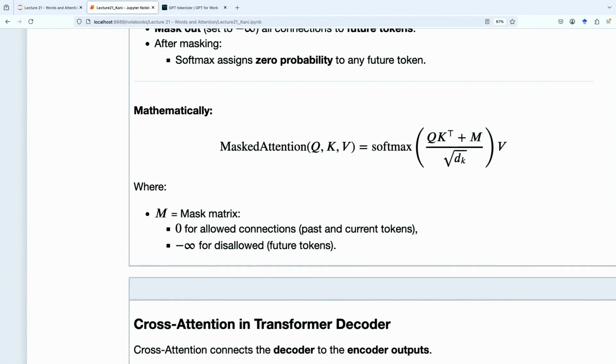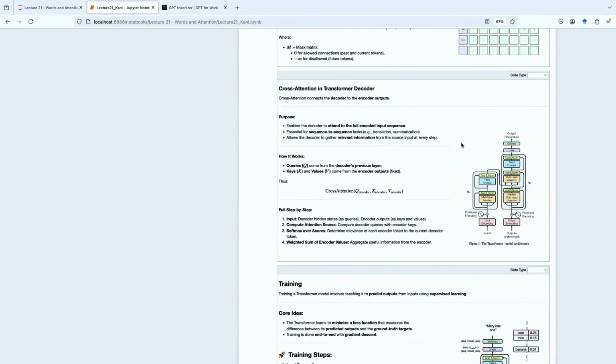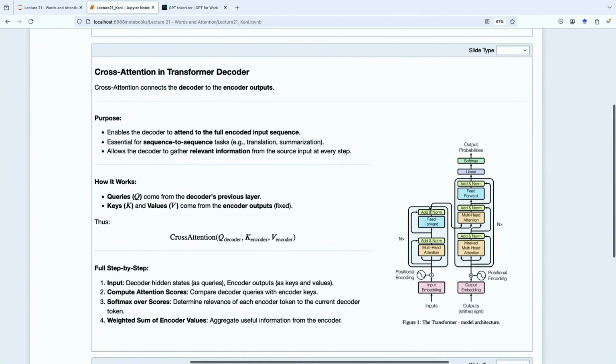The other aspect of the decoder that's different is cross attention. If we look at this model again, we see that the embedding, the stuff we calculated in the encoder, has to come into play somewhere. And the place it comes into play is in the attention mechanism. Okay? So we have one attention mechanism in the decoder that's as normal. That's the same as the prior attention mechanism, but masked.